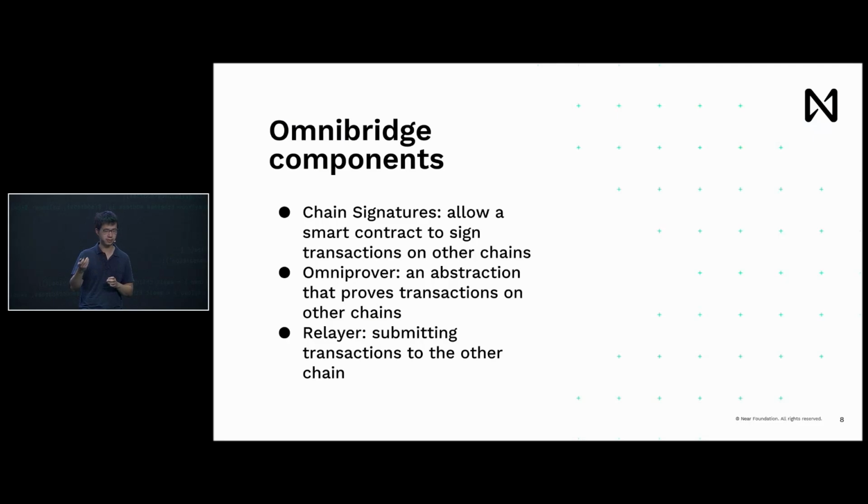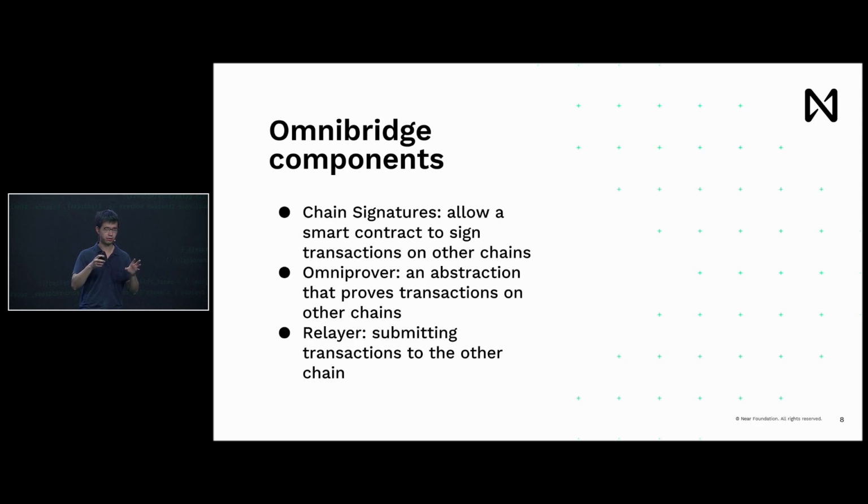But a light client is not always feasible to implement, or not always the most convenient thing to implement if we want to support many different chains. So the Omniprover also integrates with other message passing protocols like Wormhole that would also provide proofs for different blockchains.